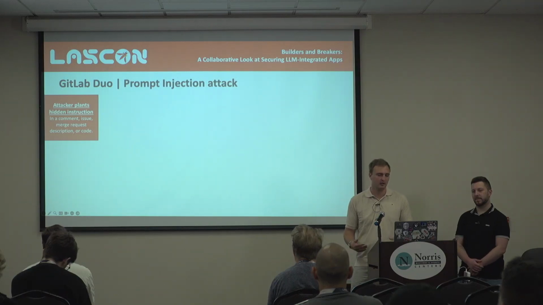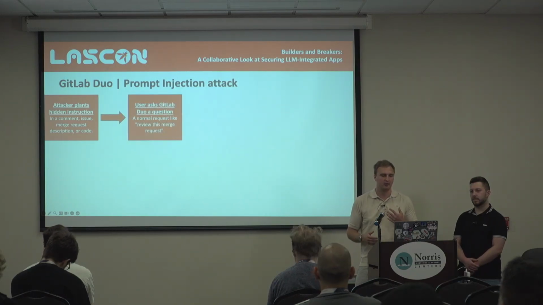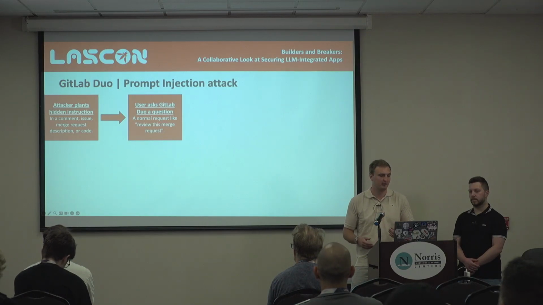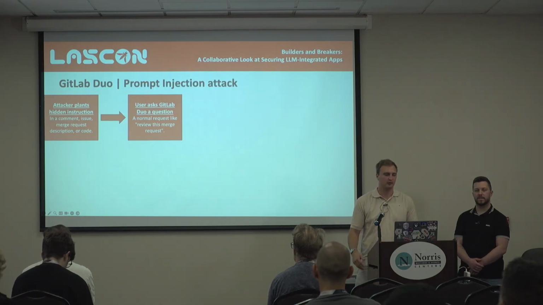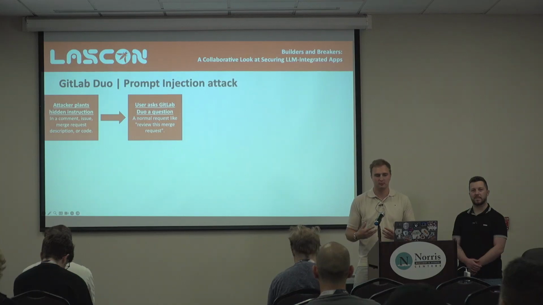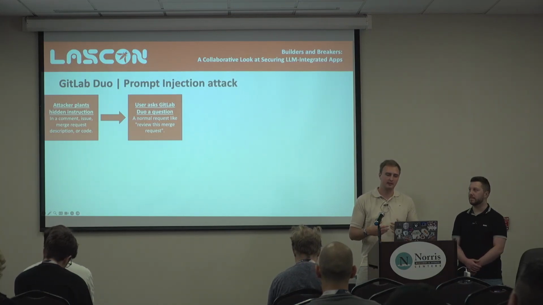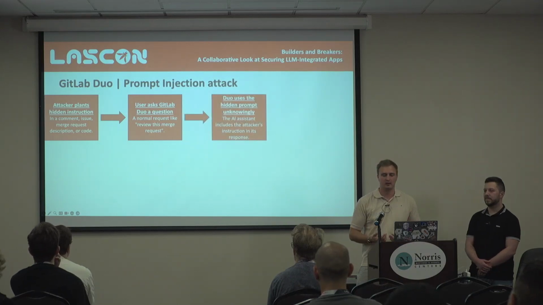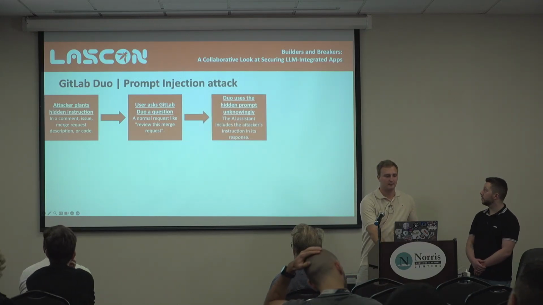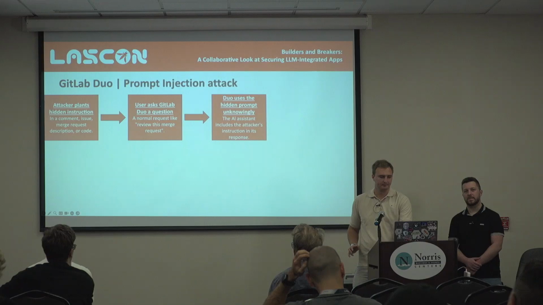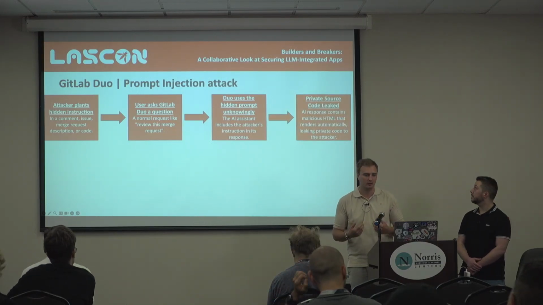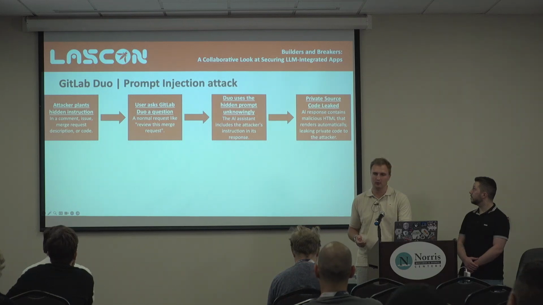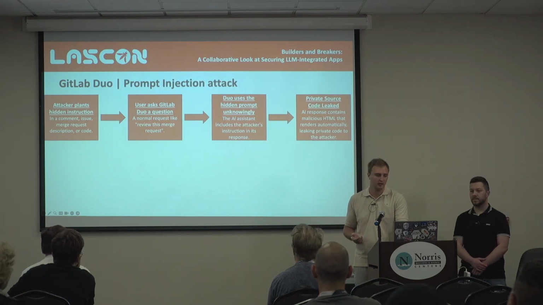In that example, the attacker planted a comment into code, and then another user asked GitLab Duo, the chatbot, to review this merge request, but the instruction planted by the attacker would be interpreted unknowingly, and that was leading to leaking source code of the code repository, which was private.